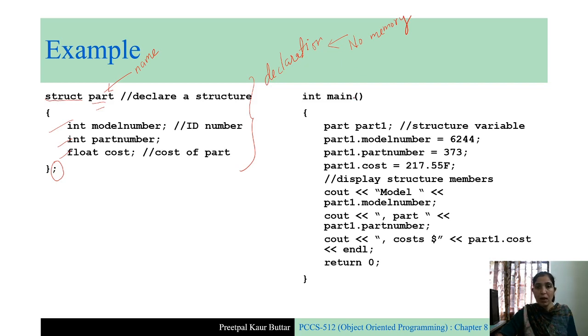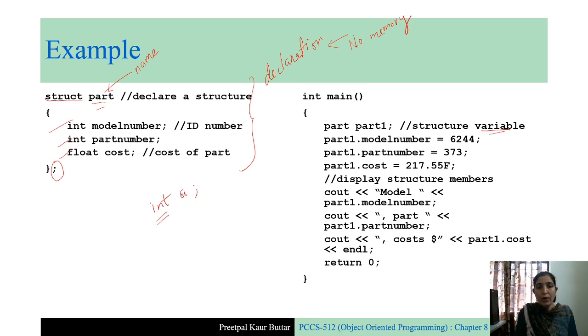So when is memory allocated? Memory is allocated when you create the variables of that structure. Just like when you write int a, you are creating a variable of type integer.